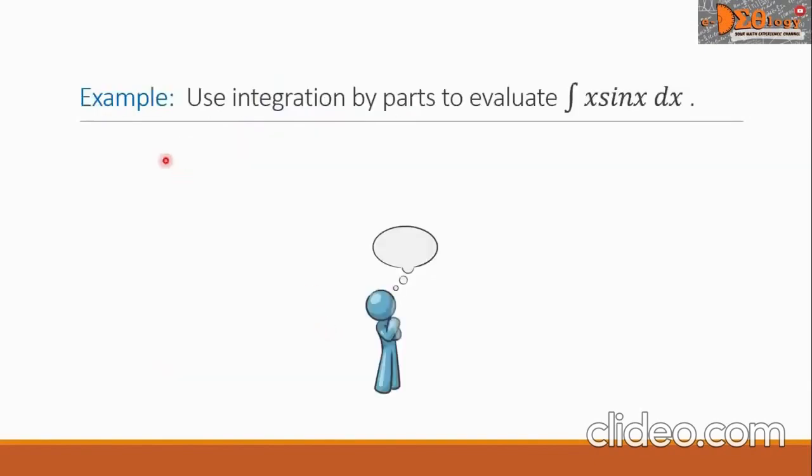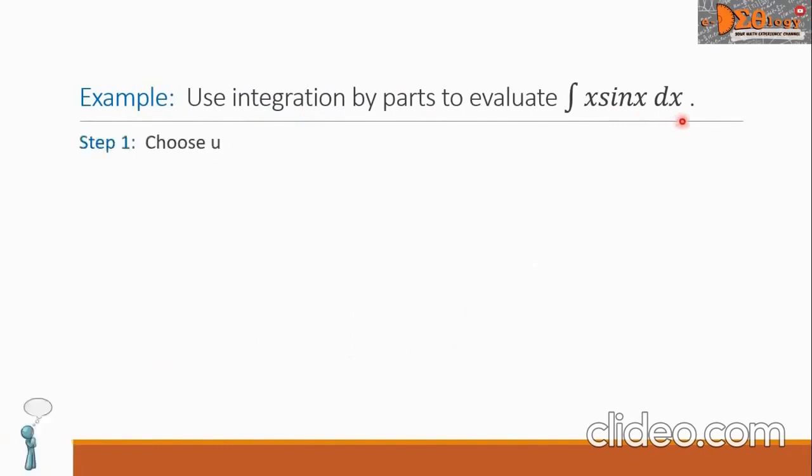Let us see this example. Use integration by parts to evaluate the integral of x sine x dx. Step 1 is we are going to choose which function to be the u. We have two functions here, the x and sine x.